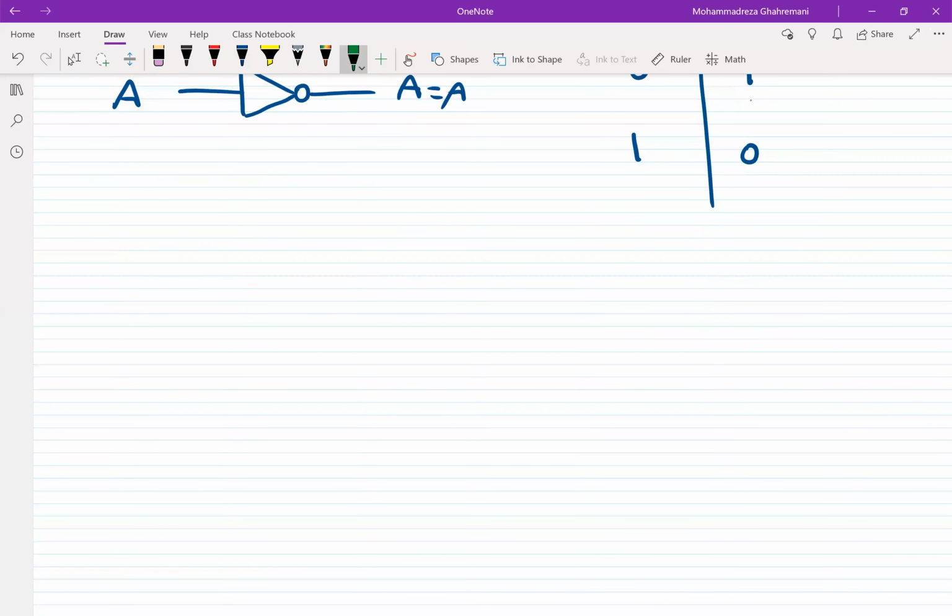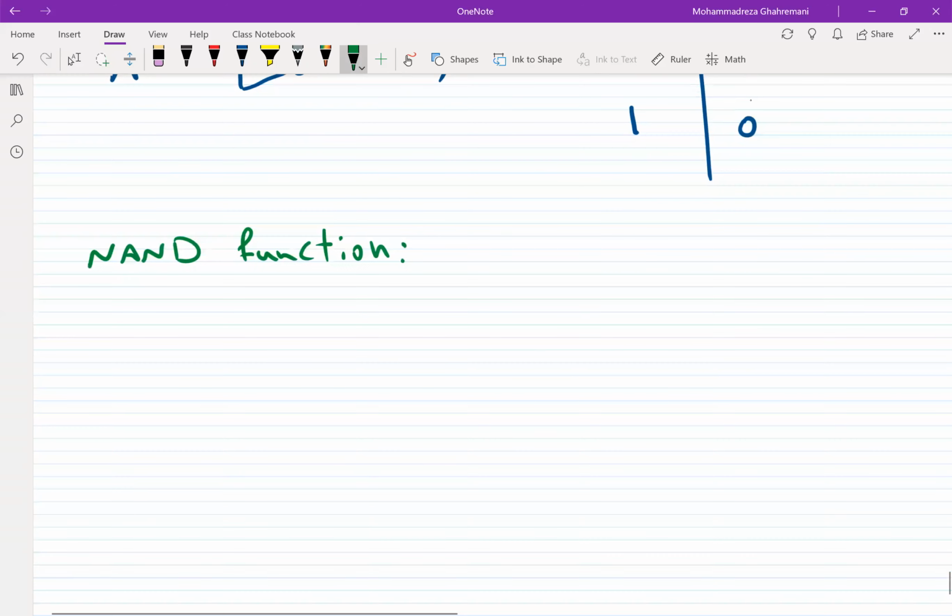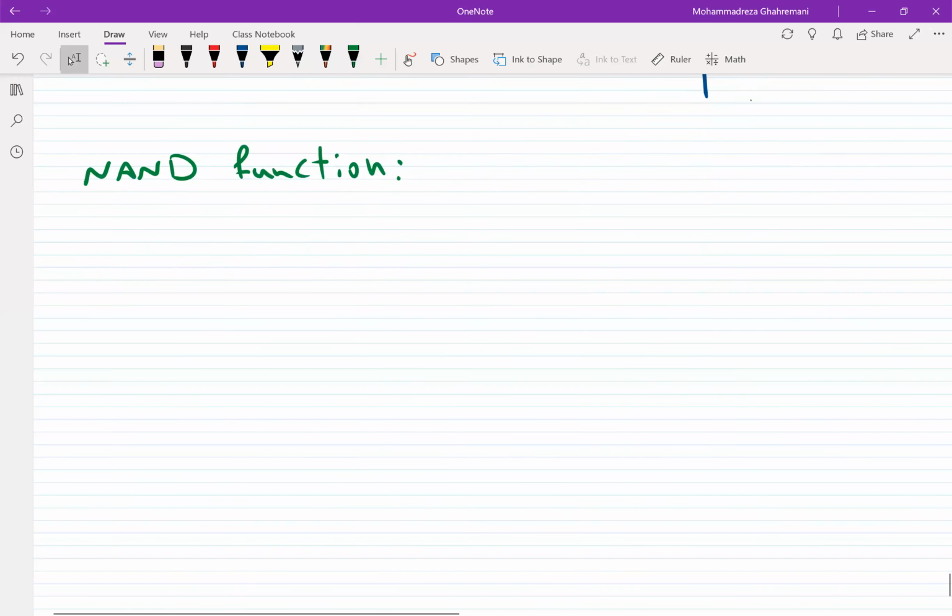The next gate is NAND function. So what is the NAND function? NAND function is a function that is identical to the AND function with the output inverted.